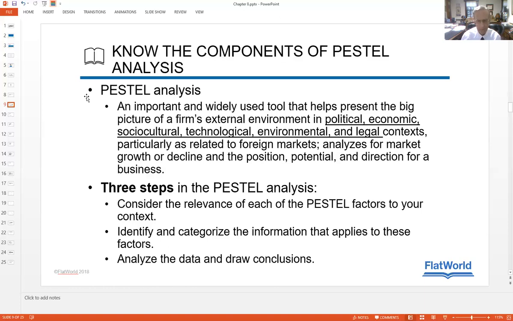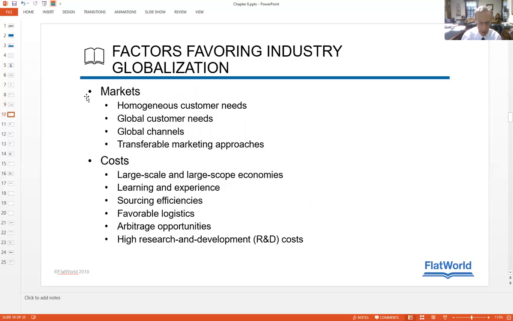Quite frankly, this isn't what I would consider to be a real sophisticated approach to gathering evidence about the external environment. But okay, consider the relevance of each factor, gather information about each factor, and then draw your conclusions.